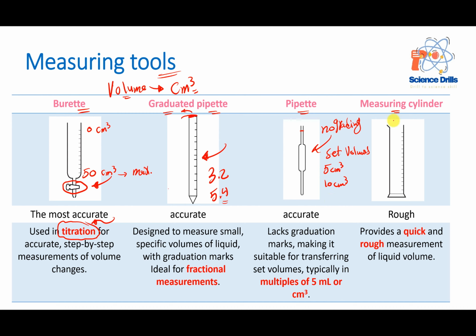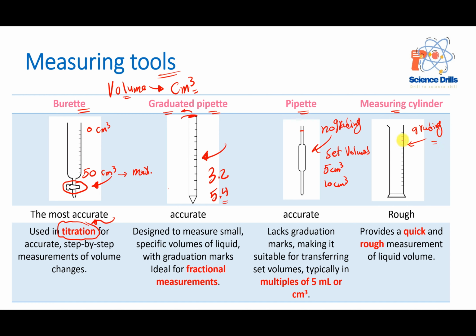The fourth tool is a measuring cylinder, and it's very good for measuring large volumes of liquid very quickly, but it is not accurate like the burette or the pipette. As you can see also, it has grading, but actually it gives a rough measurement.